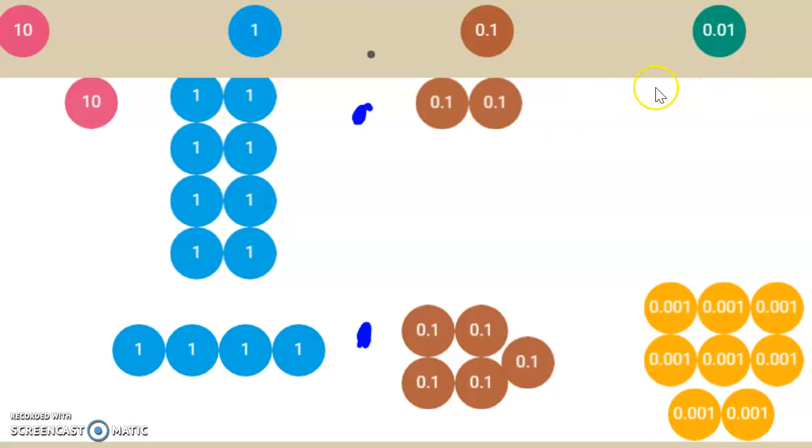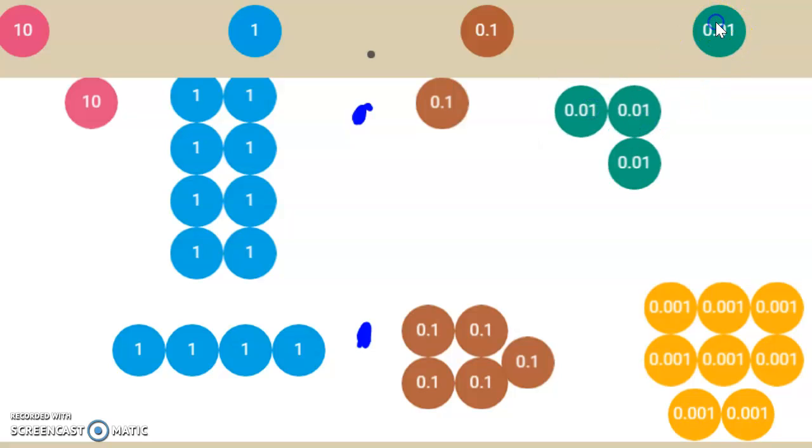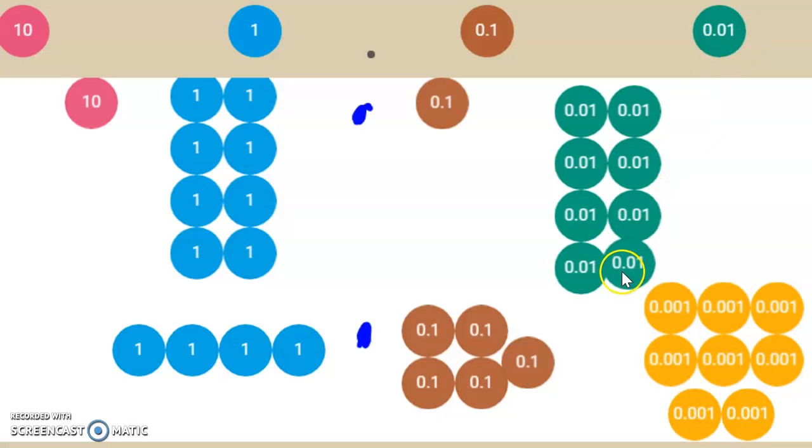And so when I look over here, I see 8 thousandths. I have nothing. I don't have any hundredths either, so I can't borrow from there. So I've got to go all the way over here, and I have to borrow one of these tenths and turn it into 10 hundredths.